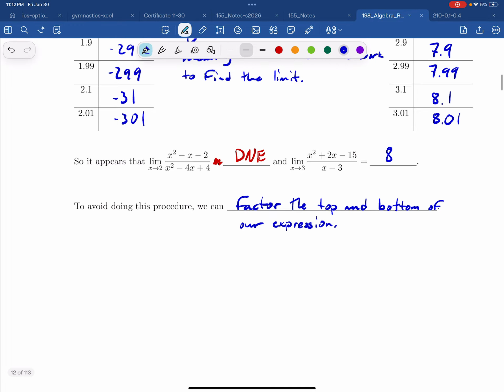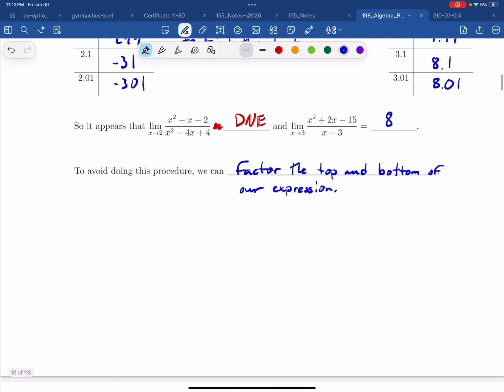Okay, so let's do that over here. In this case, limit as x approaches 2, but I'm going to factor the top, and if you notice, it's going to be x minus 2 times x plus 1, all over x minus 2 times x minus 2. See how I just factored them? And then you notice, oh, look, these cancel out.